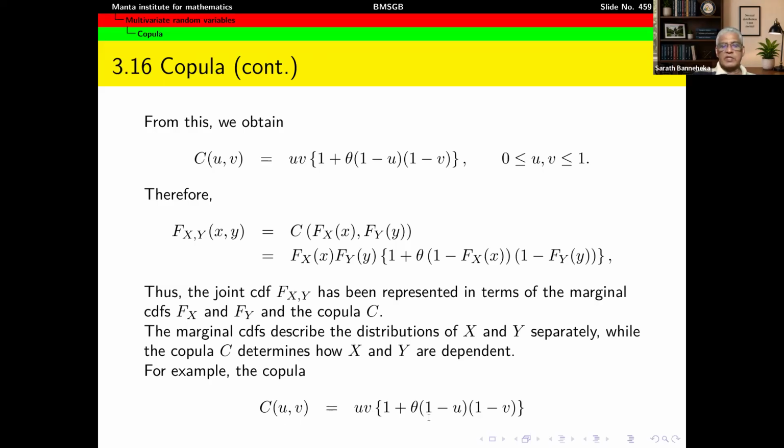And that shows that when theta is equal to 0, u and v are independent. Right? So that's how the independence or dependence structure is included. And similarly, if theta takes some other value, there will be some covariance between the random variables capital U and capital V. Right? Because C(u,v), as we showed, is actually the joint CDF of U and V.